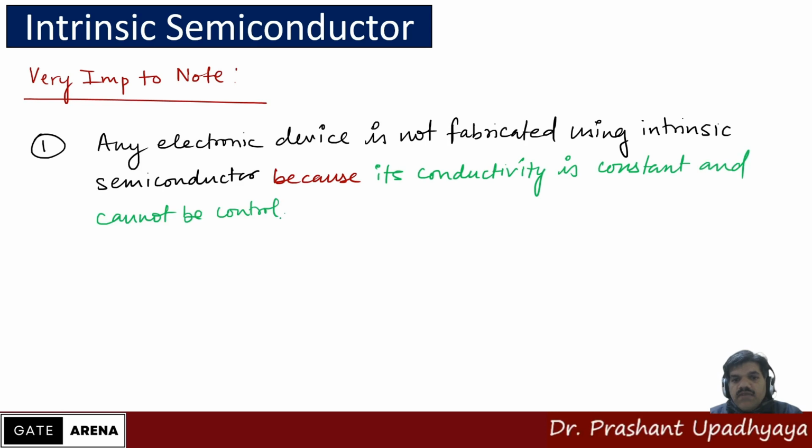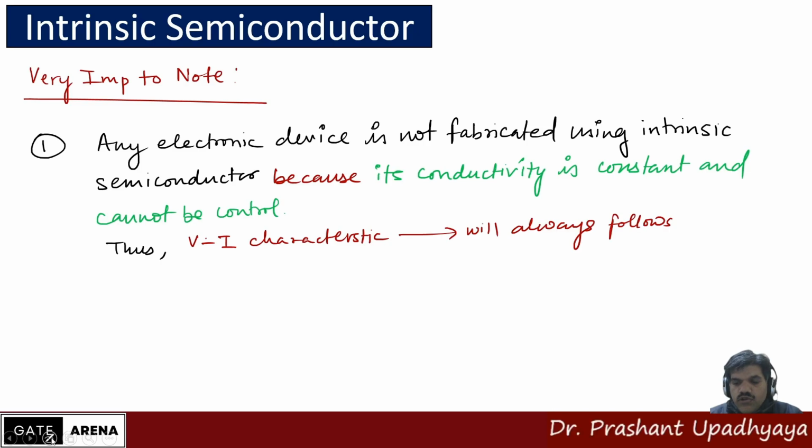Therefore, whenever we draw the VI characteristic of this intrinsic semiconductor, it is going to follow Ohm's law. So I am writing that thus the VI characteristics of the intrinsic semiconductor will always follow Ohm's law.